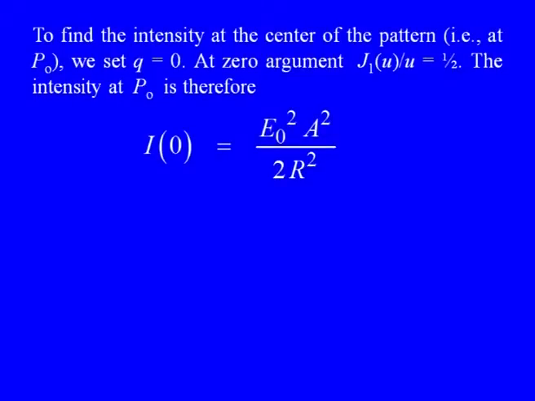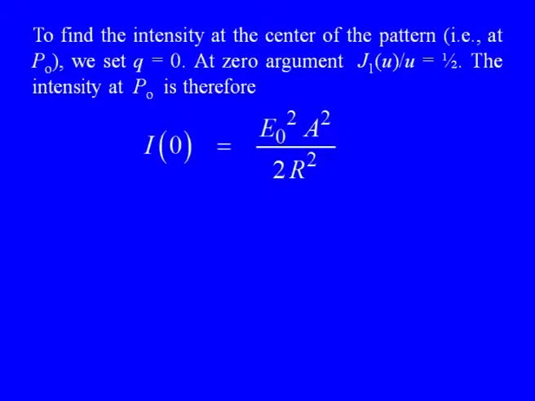Now, to find the intensity at the center of the pattern, that is corresponding to Q equal to 0, which means the argument of the Bessel function will be 0, we again use the property of the Bessel function. We know J1 of u goes to 0, but J1 of u upon u goes to half. So we can use this to obtain the intensity at the point P0, exactly in the forward direction.